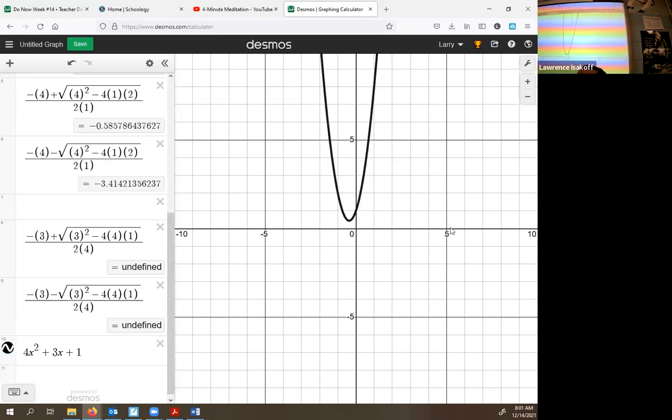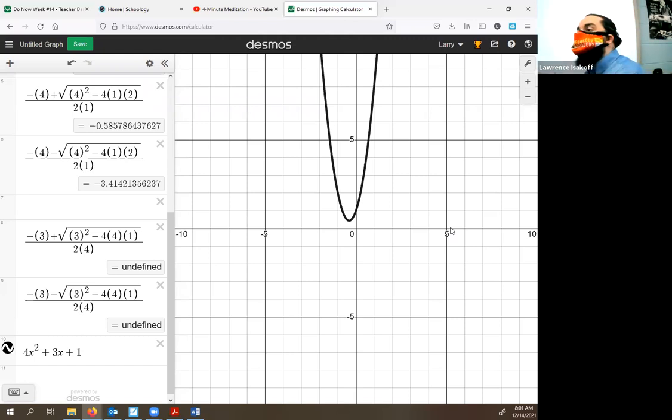So looking at this graph, when Logan gets back, what do you notice happens here or doesn't happen? Does this graph ever cross the x-axis? No. And when we're talking about the solution to a quadratic, we're talking about where it crosses the x-axis. And since this completely misses the x-axis, this is undefined.